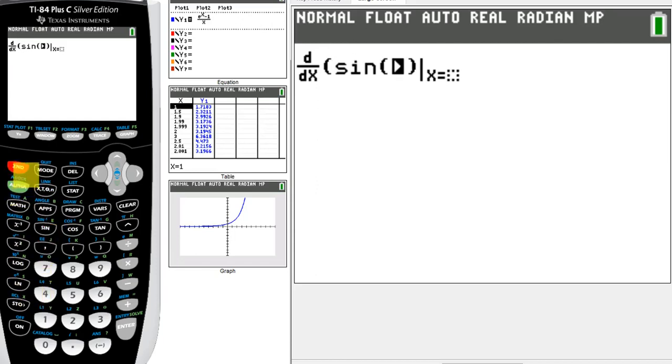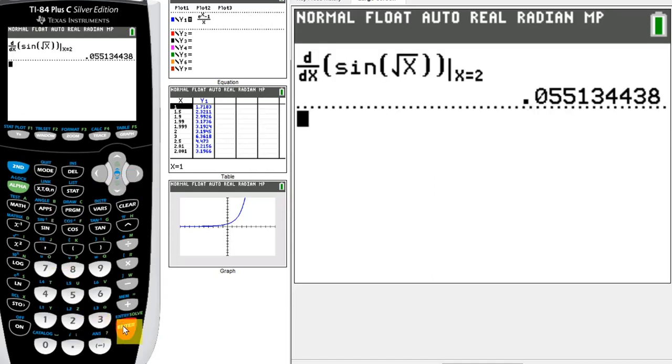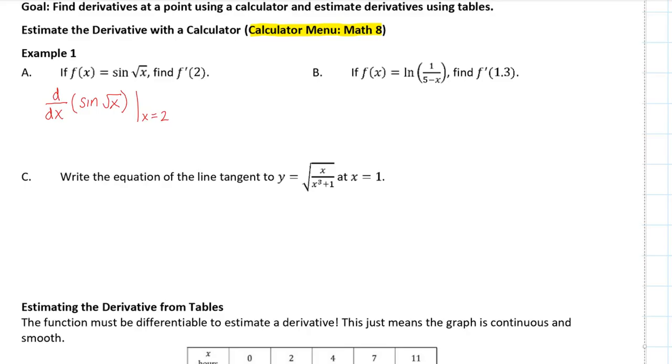We need the second key for the square root button. We're going to type x in there, and then we're going to go over here and type in x equals 2. And the calculator is going to tell us, hey, it's 0.0551. Remember, we need 3 or 4 decimals in this class, so I'm going to say that this is equal to 0.0551.